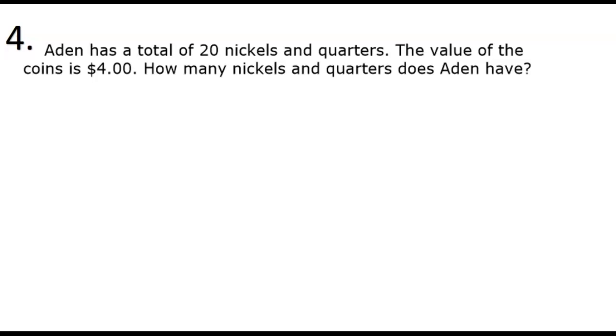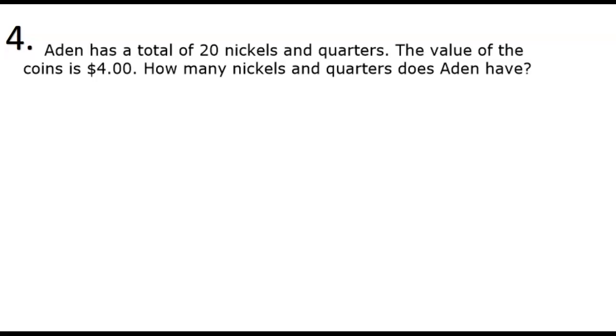Now, this is not solved for the N or the Q. And they're both the same difficulty. So again, you have a choice to make. Do you want to solve this for N or for Q? One's not particularly easier than the other, so we'll just subtract the Q from both sides.